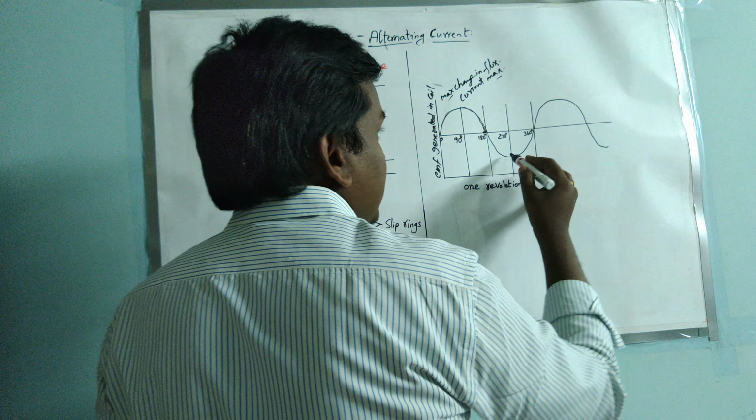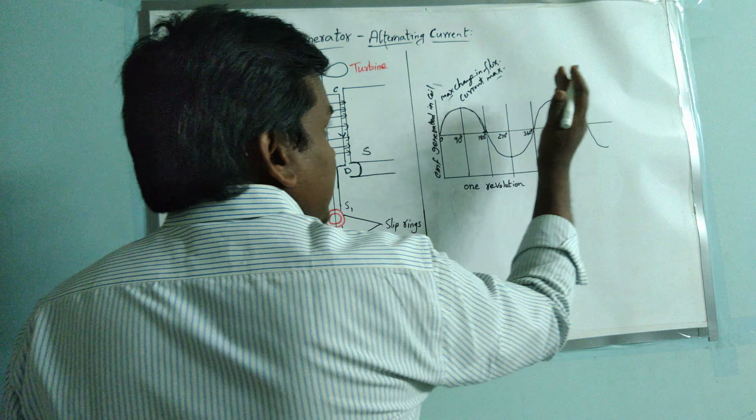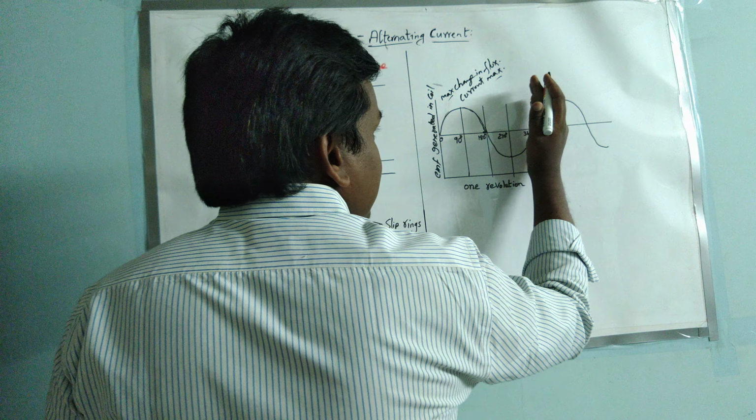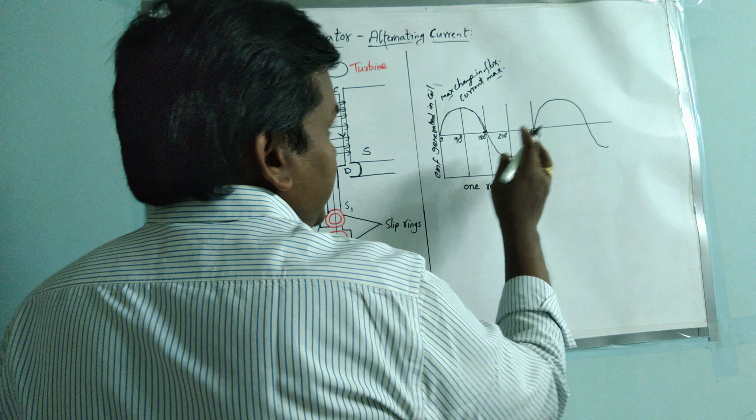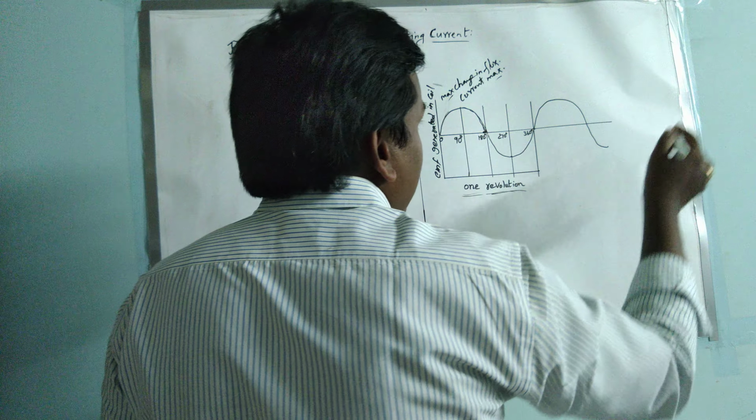Up to here the direction is same, and from here the direction is reversed. When it reaches here, the full rotation completes. It takes one revolution. After that again the same process will happen.